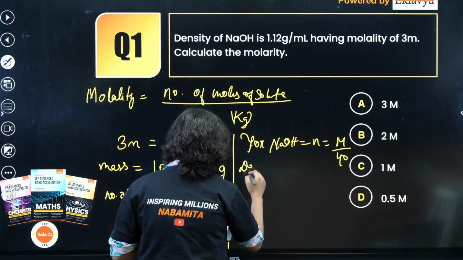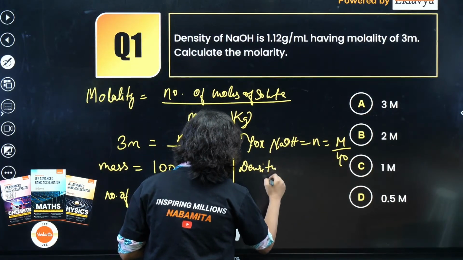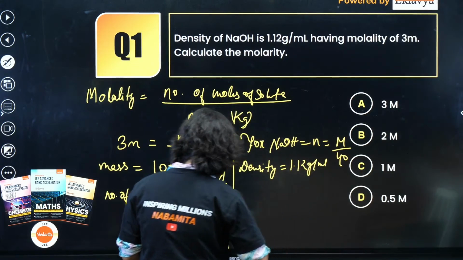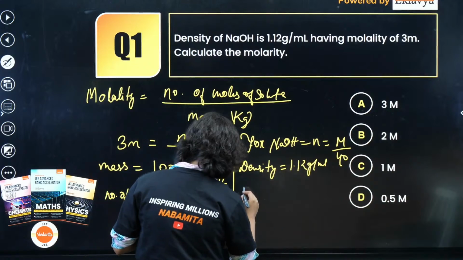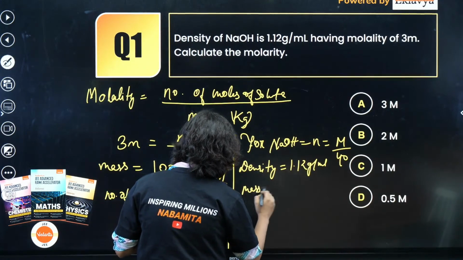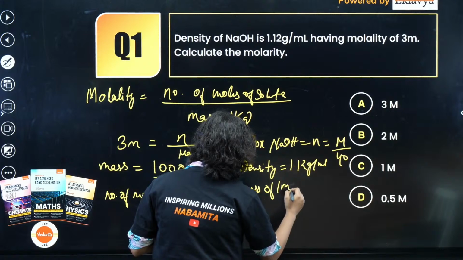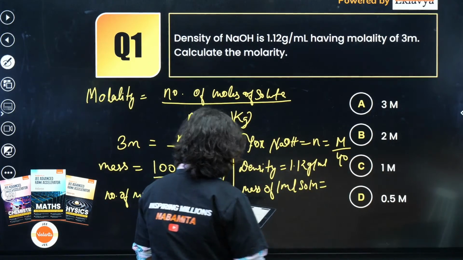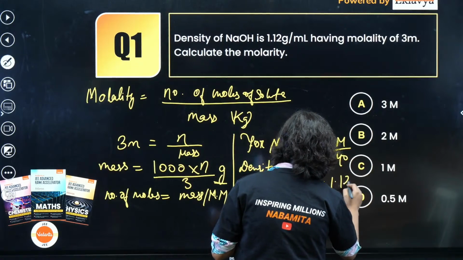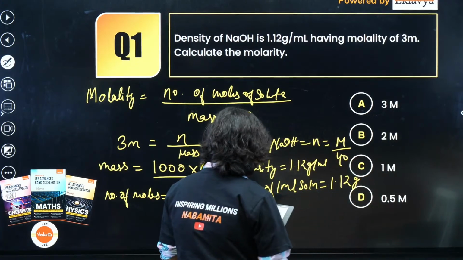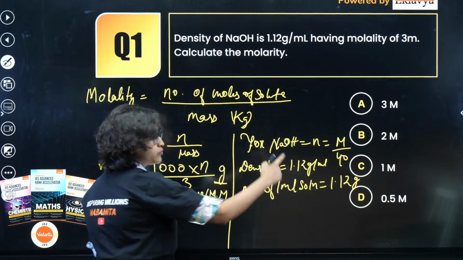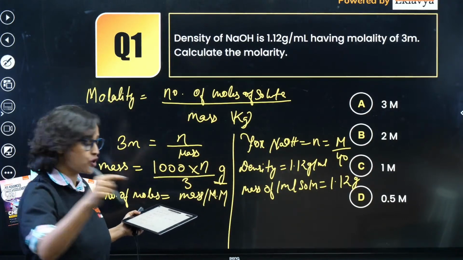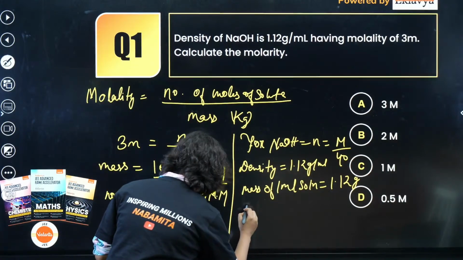Density is given to you as 1.12 gram per milliliter, right? If that is given, that means the mass of 1 milliliter solution will be 1.12 gram. That means this is mass of solute plus mass of solvent. Am I right? Very good. So here, what can we write?